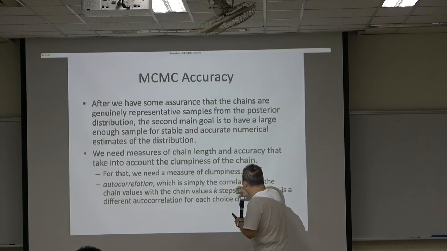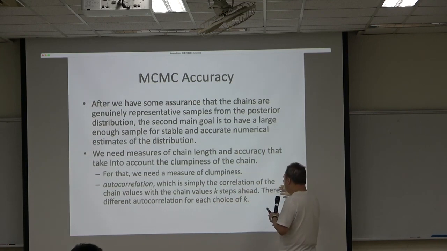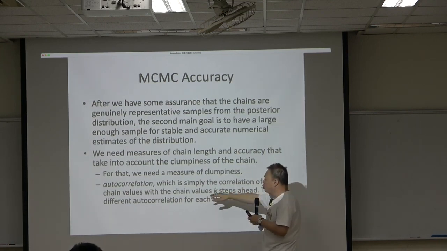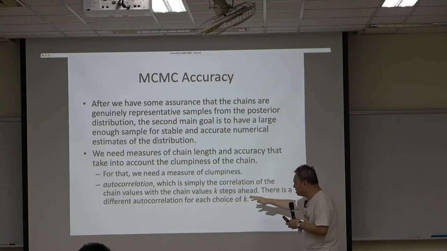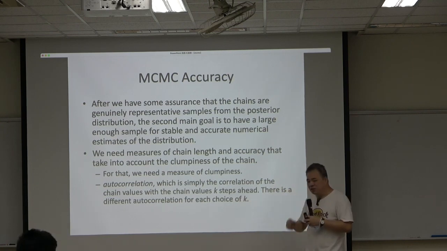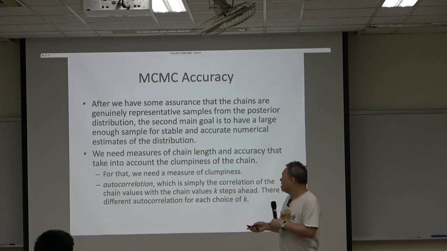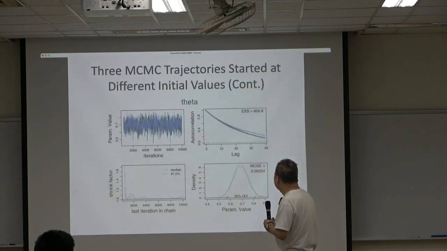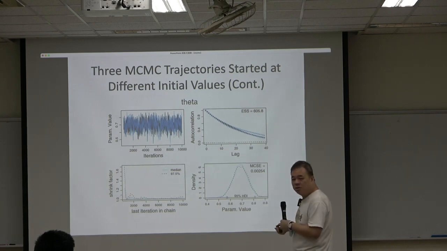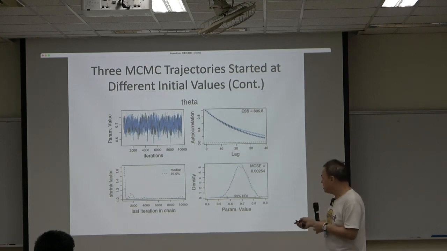It's simply the correlation of the chain values with the chain values k steps ahead. So there's a different autocorrelation for each choice of k. If you look at this, this lag represents that k value.